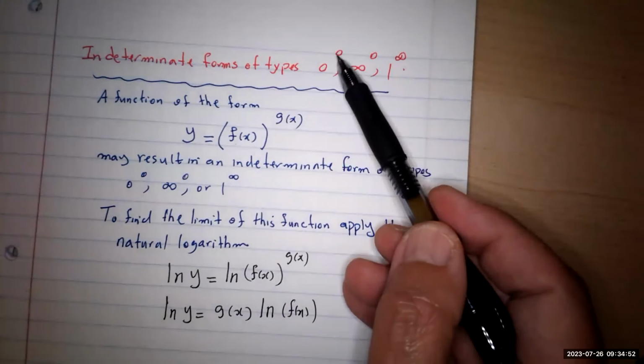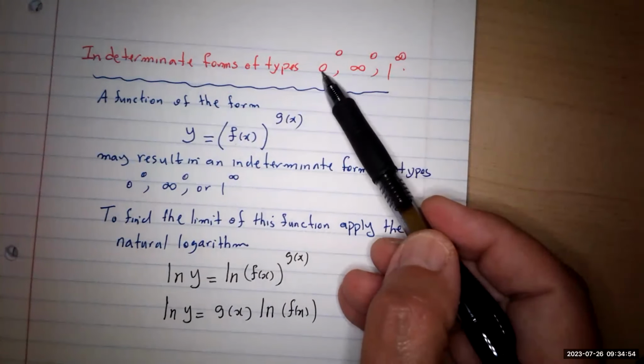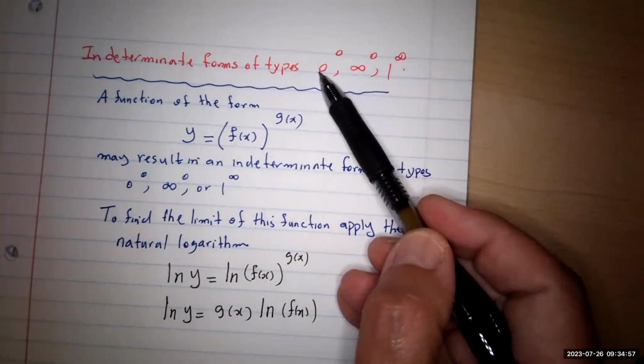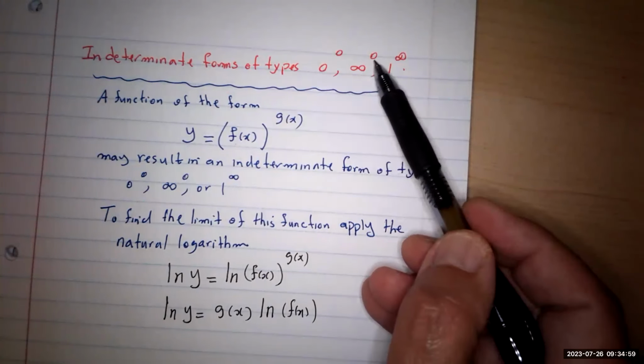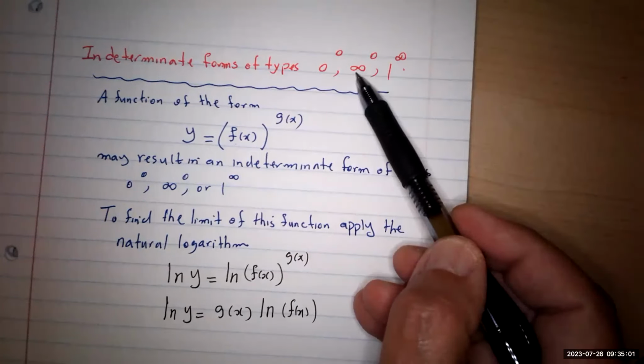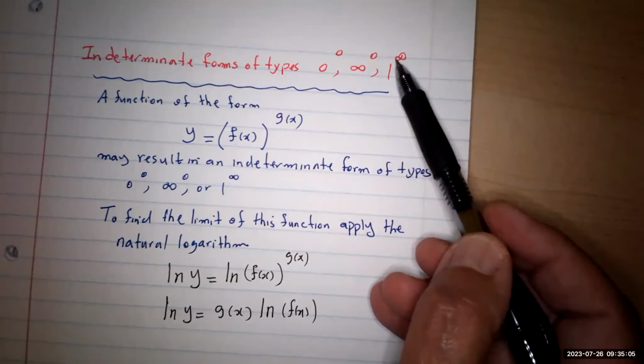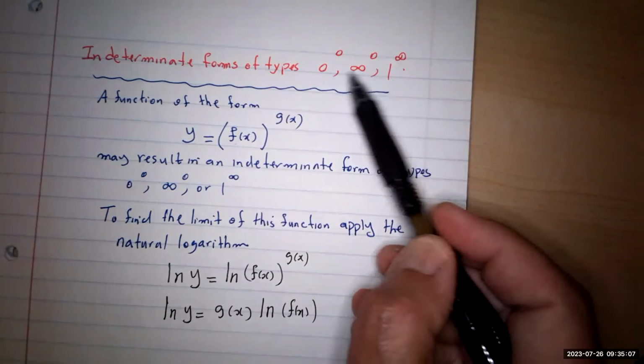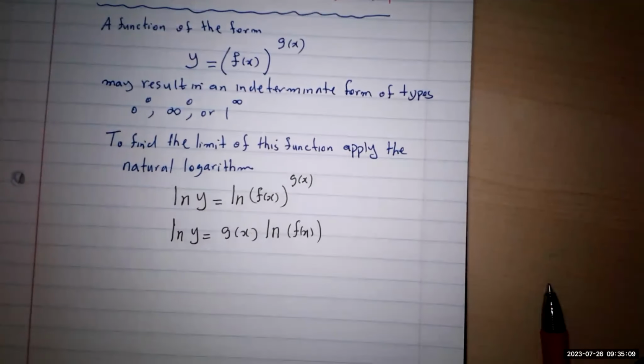If this is the case, it would be 0 times ln 0. Remember, ln 0 is negative infinity. If this is going to be the case, it's going to be 0 times ln of infinity, which is infinity. If this is going to be the case, it would be ln 1, which is 0. So all of them would be changed into the 0 times the infinity, and then you'll be able to do it.